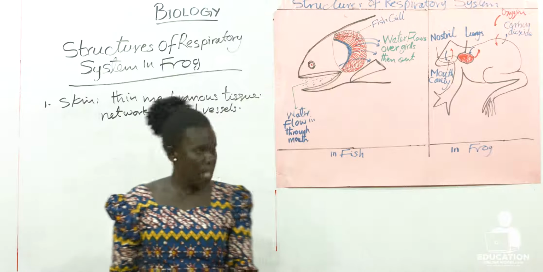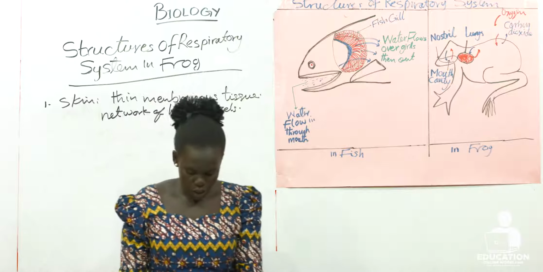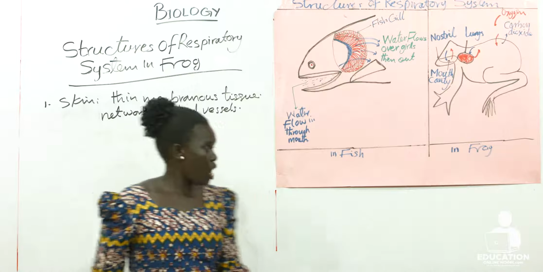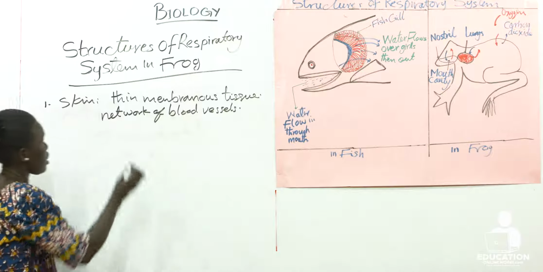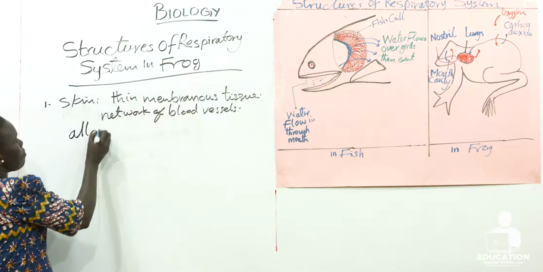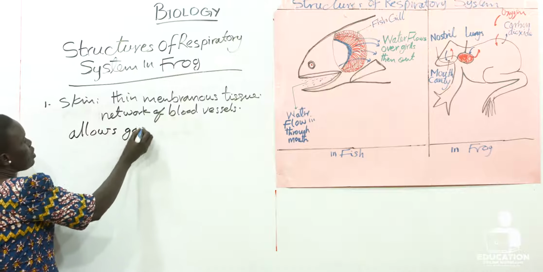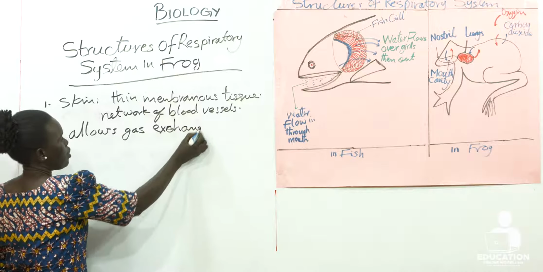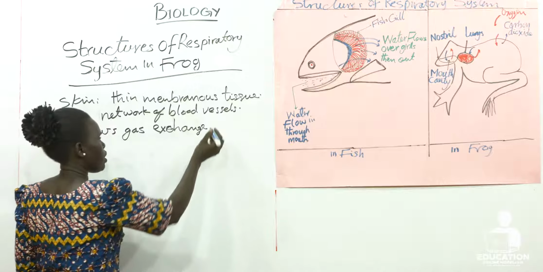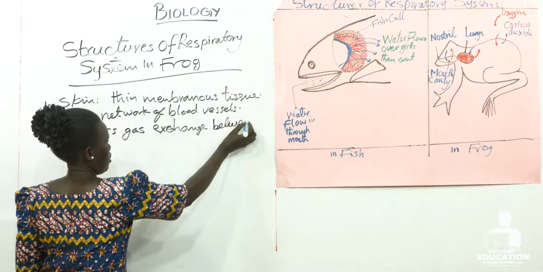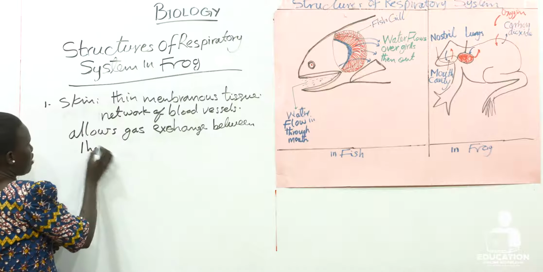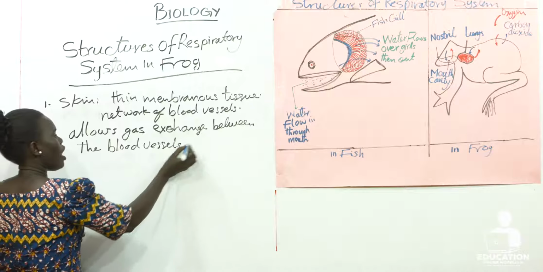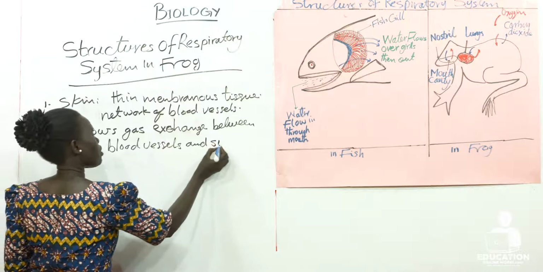So the skin allows the gas exchange between the blood vessels and the environment. Therefore, when the frog is out of the water, it allows gas exchange between the blood vessels and the environment or the surrounding.